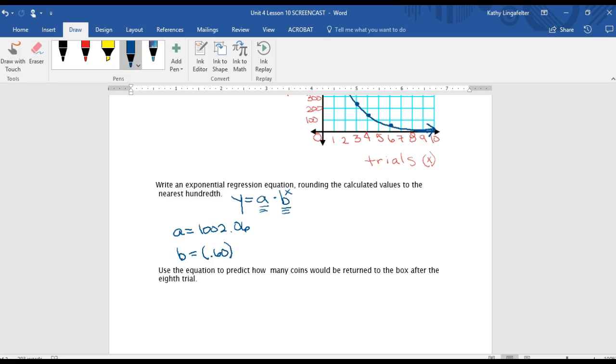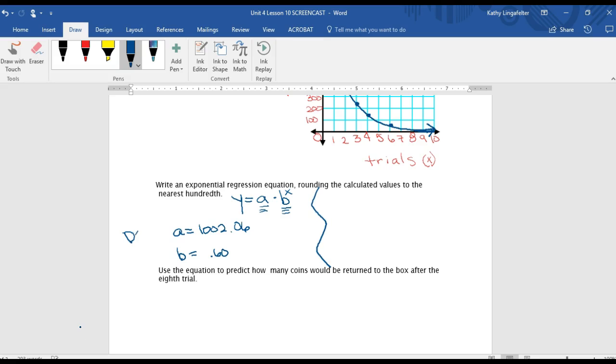Now if you use a graphing calculator, on my JT Learn calendar on today's date there is a tutorial on how to use the graphing calculator to find this A and this B value.